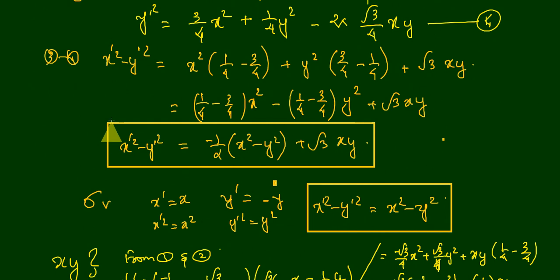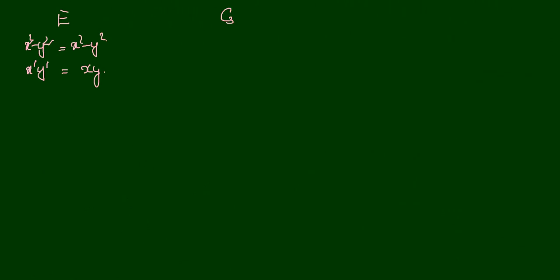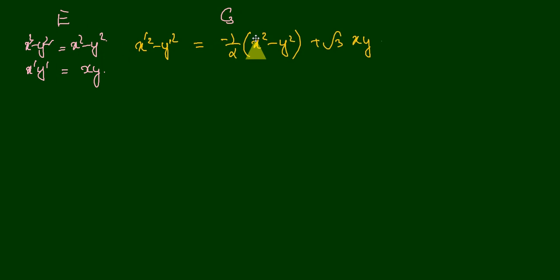This is happening during the C3 operation: x dash square minus y dash square is equal to half of x square minus y square plus root 3 xy. This is what is happening. Okay, let me put it there. Okay, this is happening during the C3 operation to the x square minus y square.